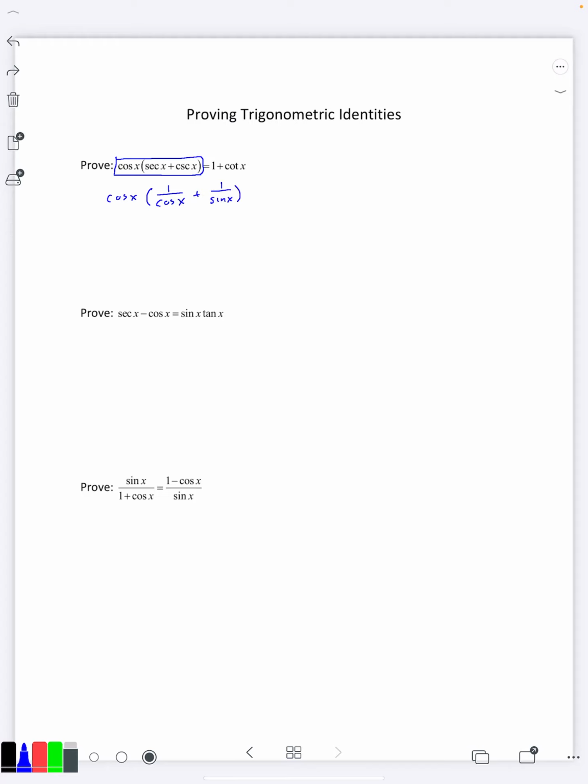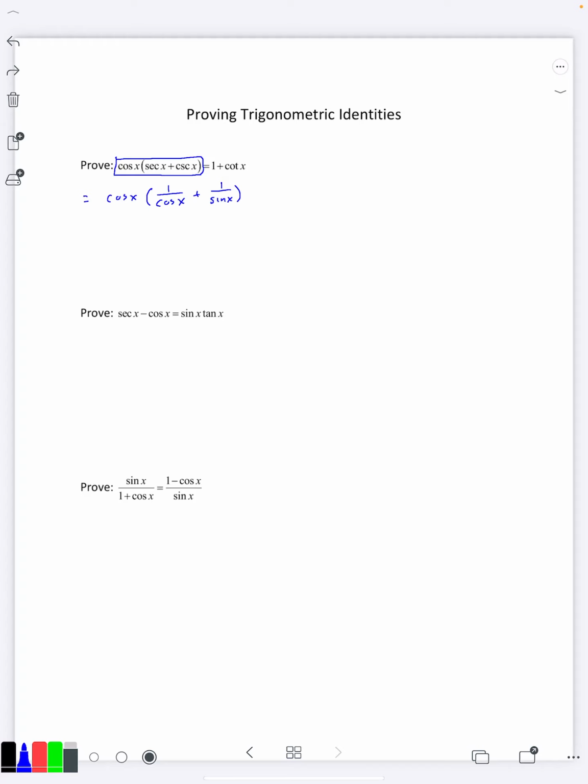Again, we're only doing things to the left-hand side of the equation here. I chose to convert secant and cosecant into cosine and sine because I already had a separate cosine in the problem, and quite often it can be helpful to get just to sines and cosines. It's not always the best choice, and really through practice you're going to identify in different cases which is going to be the best method to solve the problem.